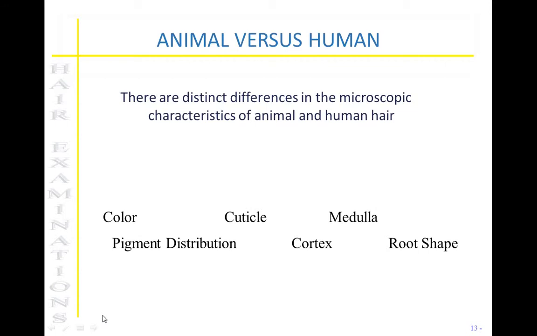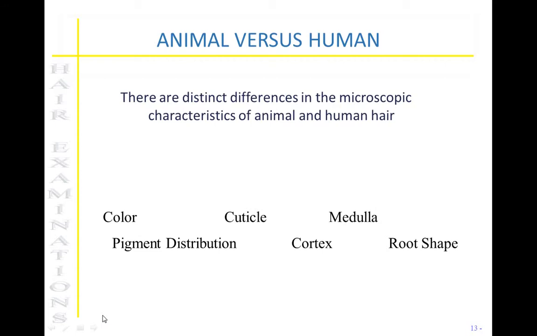The cuticle of the hair and the medulla of the hairs also have very different microscopic characteristics from animals and humans. And we discussed this previously, with animal hairs taking on a wide variety of patterns, both for the scales that make up the cuticle or the spacings within the medulla itself.